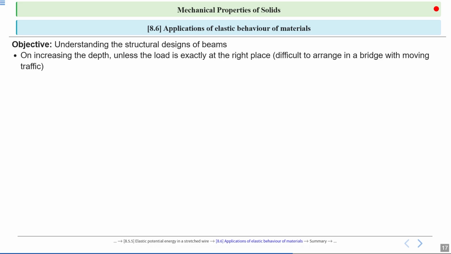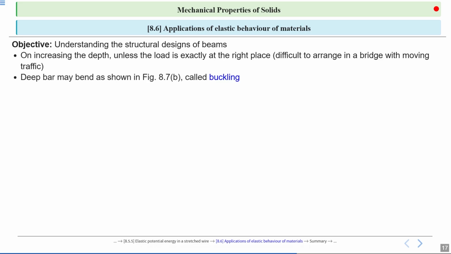Now, consider what happens when we increase the depth of a beam or a bar in a structure. If the load or force applied is not placed exactly in the right spot, which is very hard to do in something like a bridge with moving traffic, the way the bar handles the force can change.